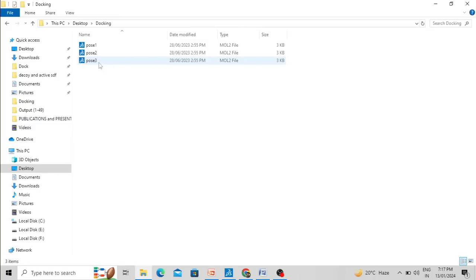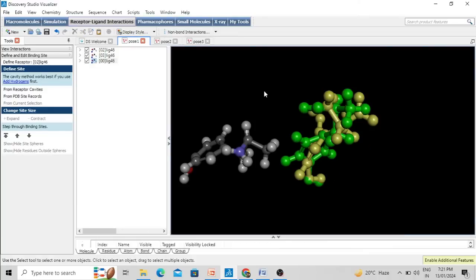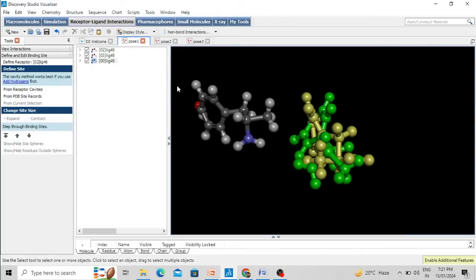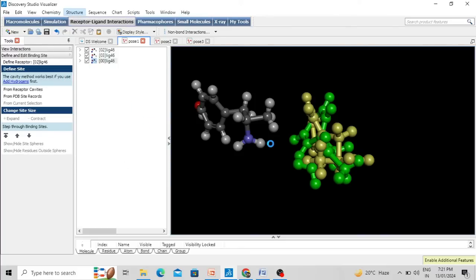This is the third pose. I am opening it in Biovia Discovery Studio. Now, three poses are present here. Now we can calculate the RMSD. Go to the structure, RMSD, all atoms.